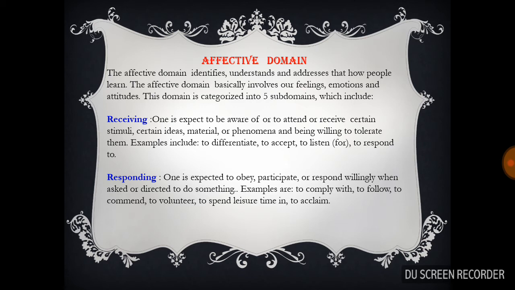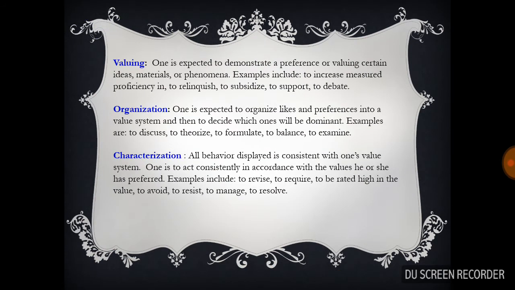Then responding. According to this level, one is expected to willingly respond to certain stimuli that are provided to him when he is asked or directed to do something. The person would willingly act on some direction. Then valuing. According to this level, one is expected to show preference or value certain ideas or phenomena.